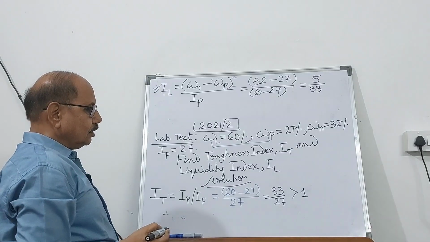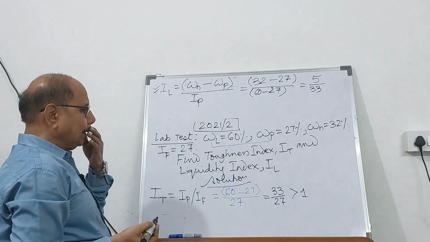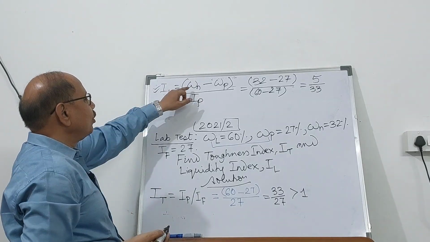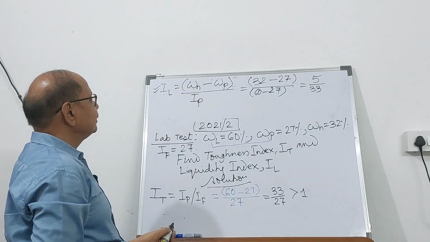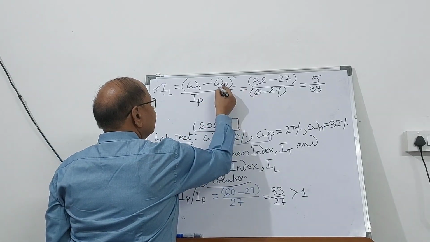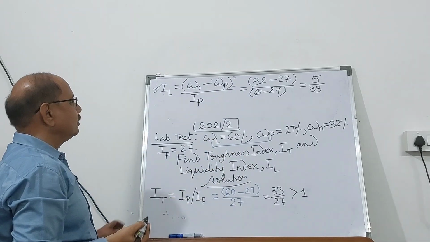So you can get the idea very easily of what the condition of the soil is, depending upon the natural moisture content. The natural moisture content is greater than plastic limit but less than liquid limit.